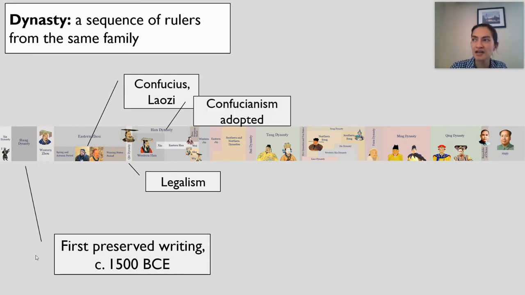In the Han Dynasty, which follows the relatively short-lived Qin Dynasty, the belief system of Confucianism is adopted and embraced as the guiding philosophy of the state, and I'll talk about that a little bit later in this lecture.